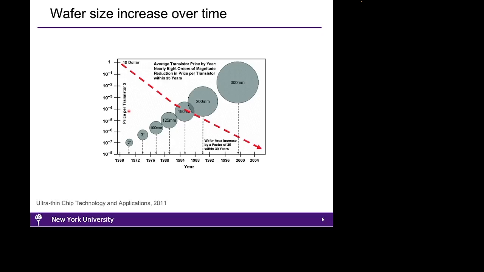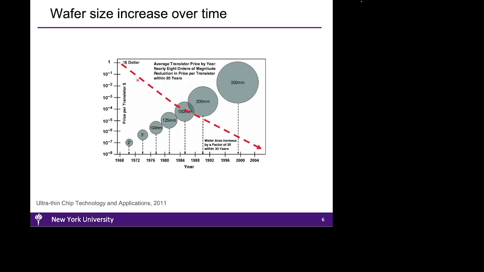This has been achieved over years by increasing the size of wafers as shown in this plot here. While the diameter of early wafers was only 50 millimeters, over time the diameter has increased to 300 millimeters. The consequence of this progress has been the reduction of transistor cost.